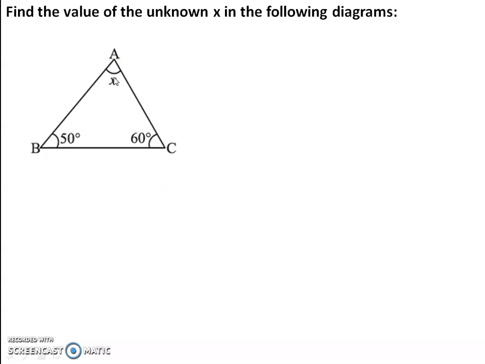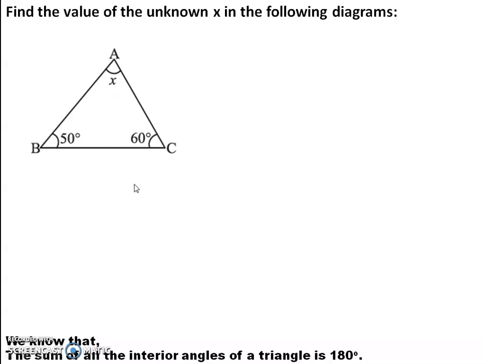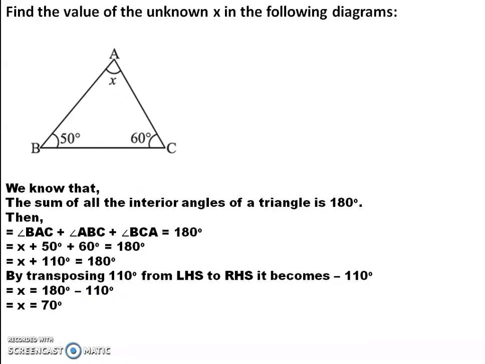You can see here 3 angles are given, 50 degrees, 60 degrees and x. We know that the sum of all the interior angles of a triangle is 180 degrees. Then angle BAC plus angle ABC plus angle BCA equals 180 degrees.